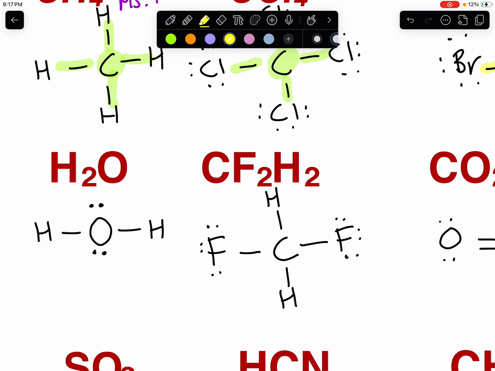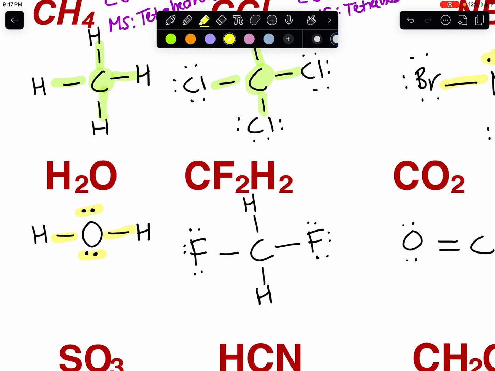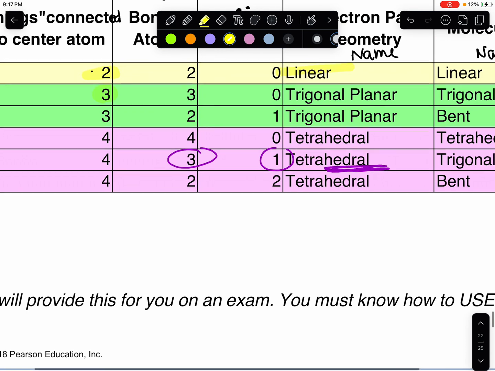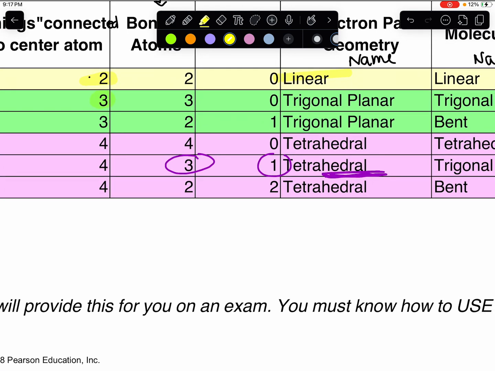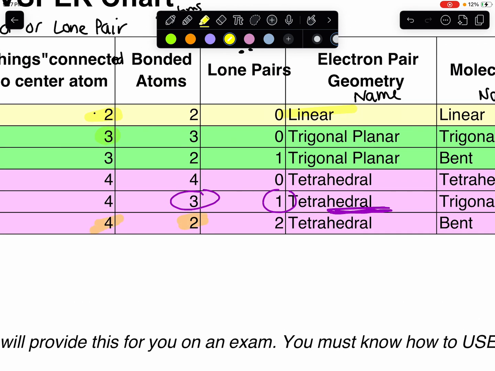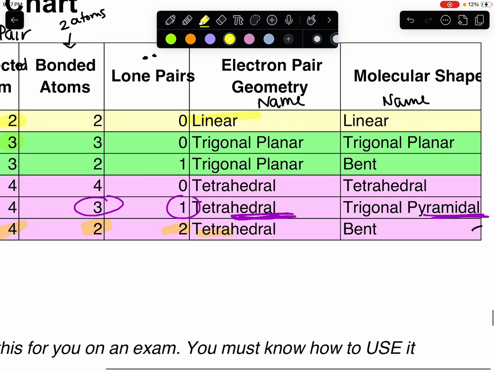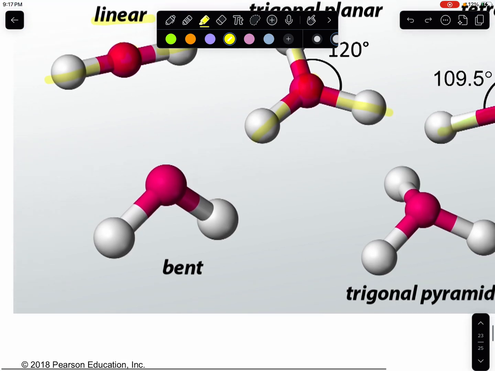All right, let's continue doing some more examples here. So we have to see how many things are attached. 1, 2, 3, 4. So still 4 things. Remember, a lone pair is still considered a thing. So 4 things attached, 2 bonds, 2 lone pairs. I'm going to go back up here. We're now looking at 4 things, 2 bonds, 2 lone pairs. That makes it tetrahedral bent.